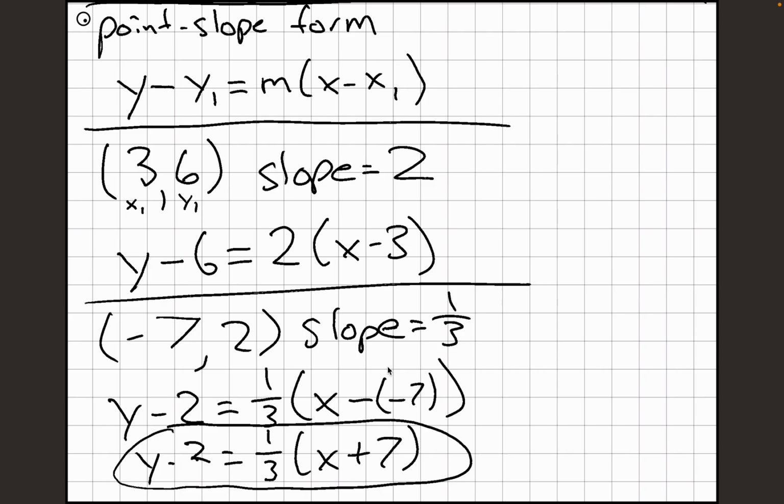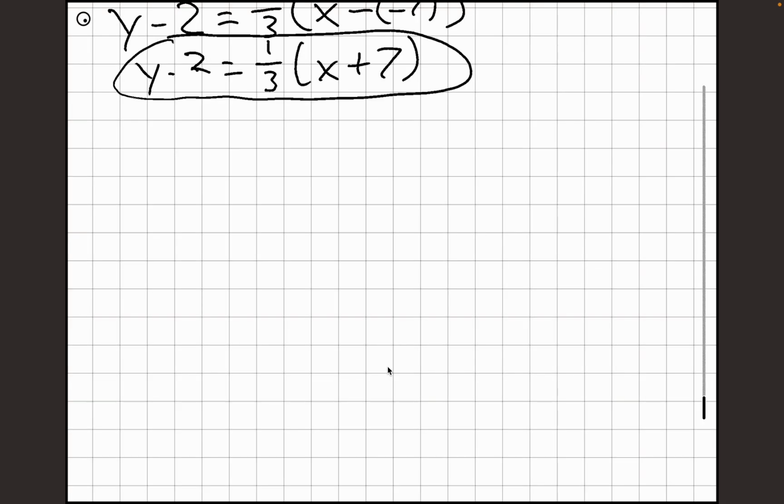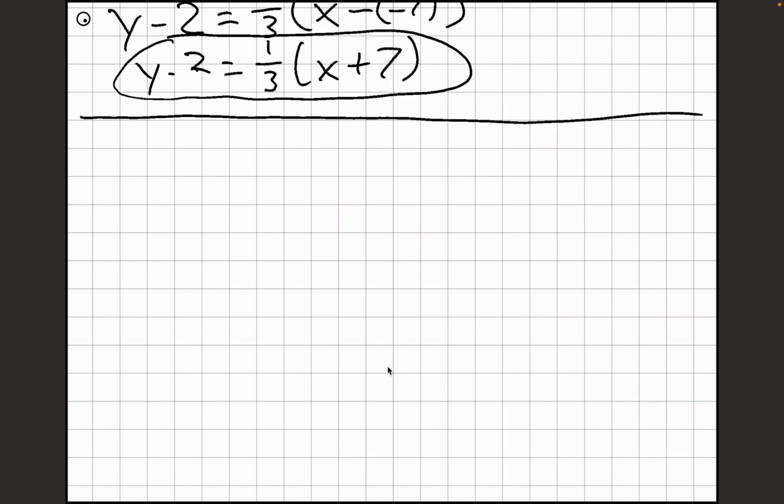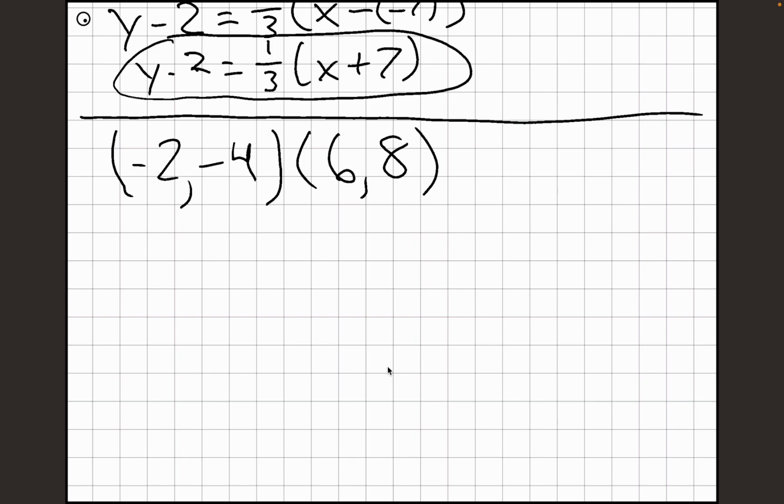All right. Now with point slope form, we're also going to have to solve equations that are going to look like this. Let's say we have negative 2, negative 4, 6, and 8. We need to find the slope and then put it into point slope form.